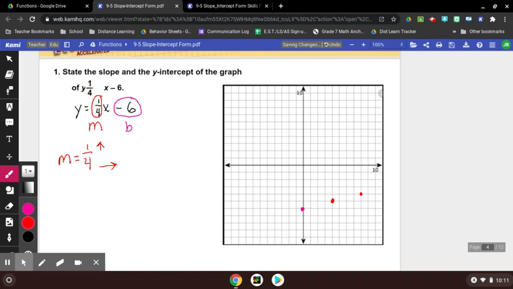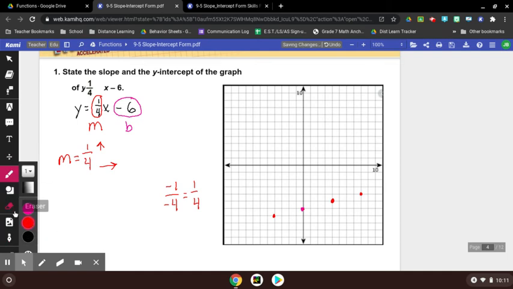And you'll notice that I start to develop a pattern here. This pattern is showing me what this line is going to look like. Now, imagine this. If I go up 1/4, I could also go down 1 and left 4. 1, 2, 3, 4. Some of you saw that in our organized chaos activity where if I had like a -1 over a -4, negative is the same thing as positive because the negatives would cancel out.